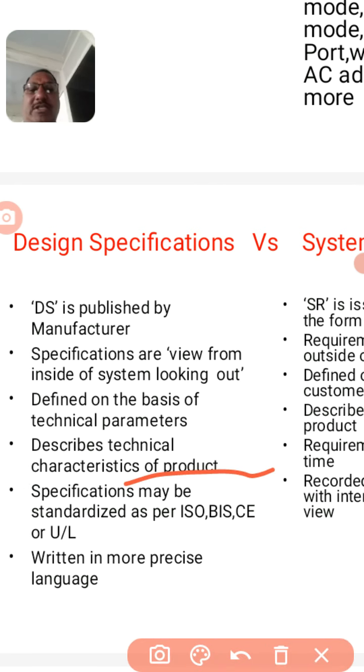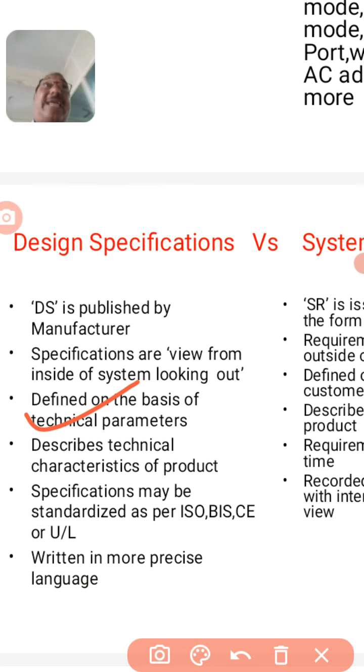Then the third one is the definition on the basis of technical parameters. Design specification is defined on the basis of technical parameters, while system requirement is based upon non-technical parameters or a general definition, because it is from the customer's point of view.